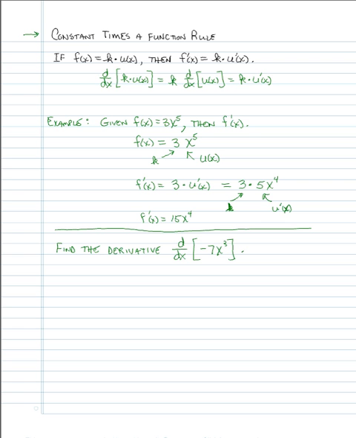So that's what we're supposed to find. Okay, well, let's remember how this goes. Let me rewrite it. The derivative of negative 7x cubed.